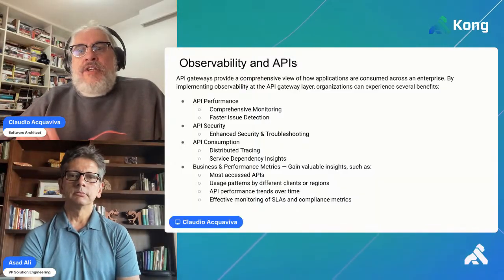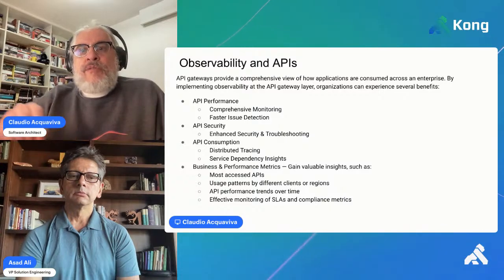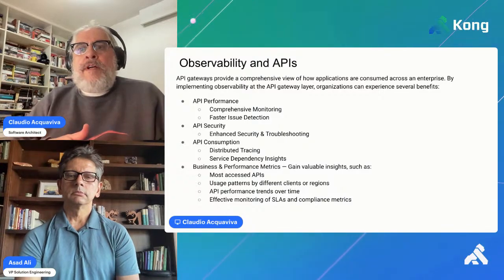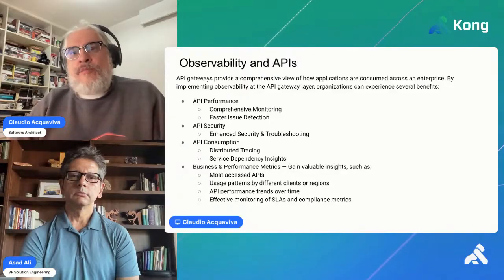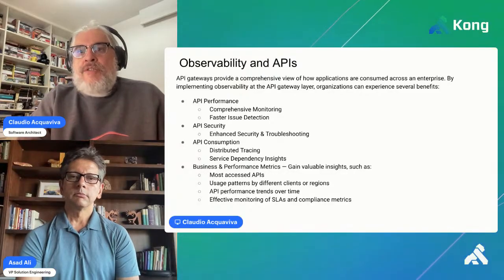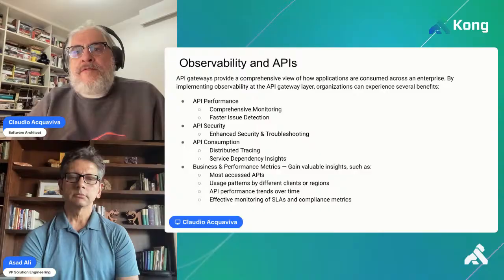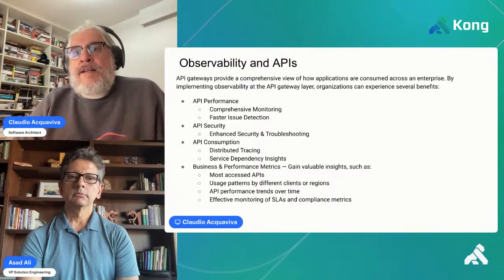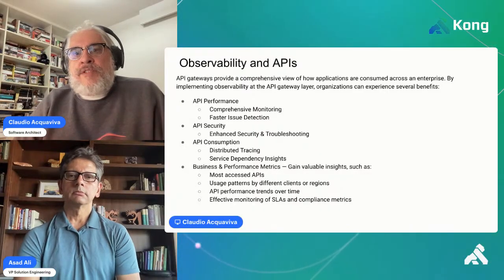In other words, your applications and services should be exposed, and therefore consumed, through the API gateway. So the API gateway should be the first layer for the consumption of your services.